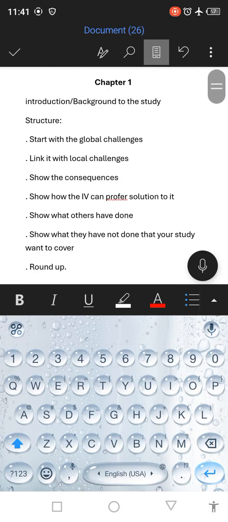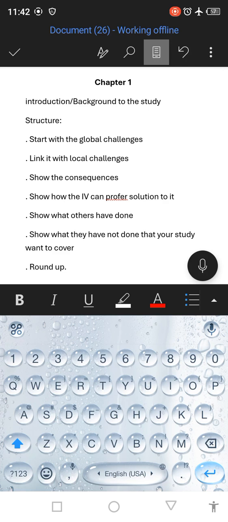Alright, for the introduction, background to the study, it is very, very important to take note of the following while writing, and every one of your writings must follow this structure. Number 1, you have to take note of the global challenges, the local challenges, the consequences, how your variables are going to provide a solution to it, what others have done, what others have not done that you want to cover up, and how you are going to round up your introduction or background to the study.